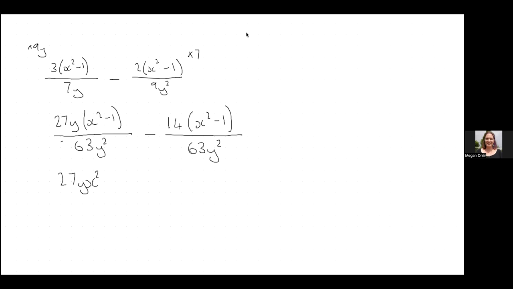Why should I not write it like that? Alphabetical order, good. So x squared y minus 27y minus, what goes here? 3x minus. Incorrect. Plus 14. This is negative 14 and negative 1. All right, good. Then I have 63y squared.